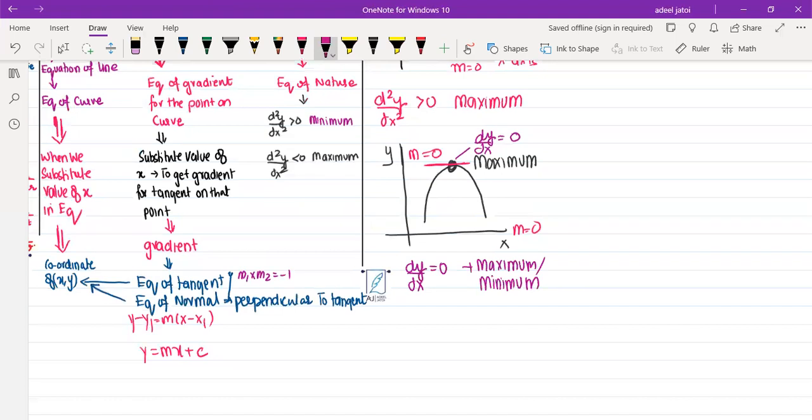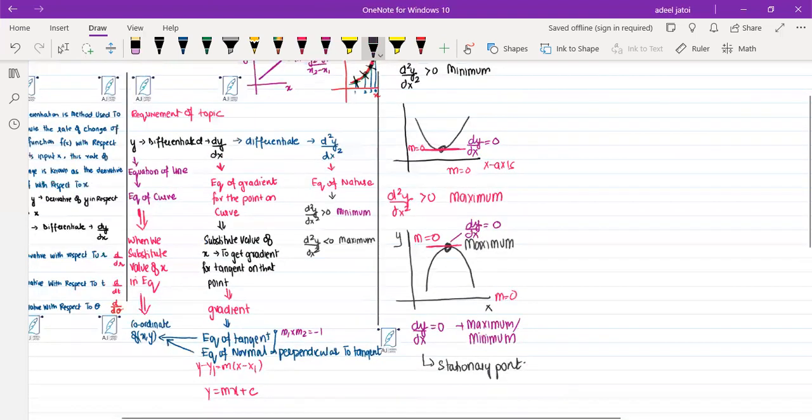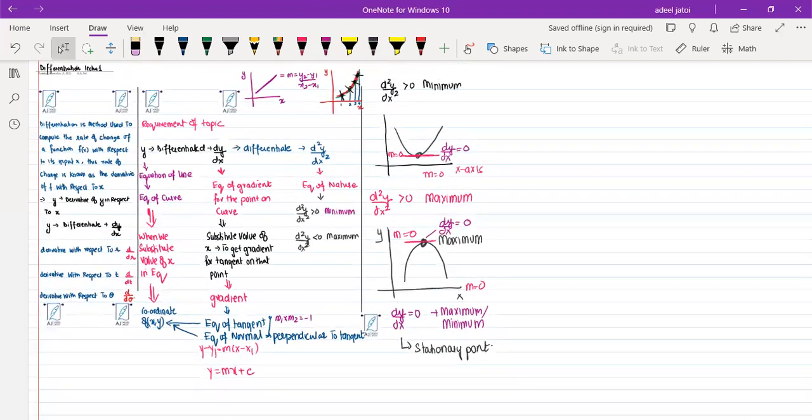And most importantly, dy upon dx will be used when the question says it has a stationary point or find the stationary point. Basically, a stationary point reflects the maximum and the minimum value, and the gradient will be 0.